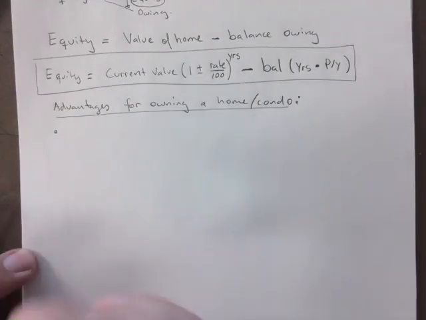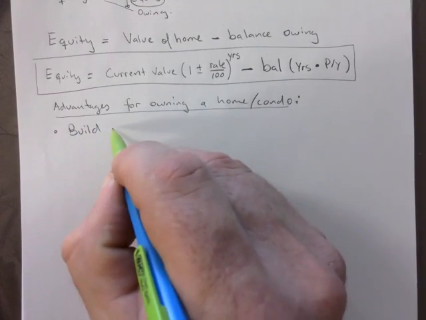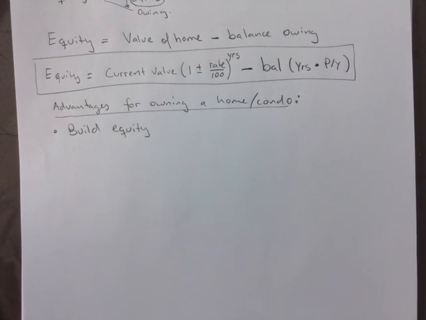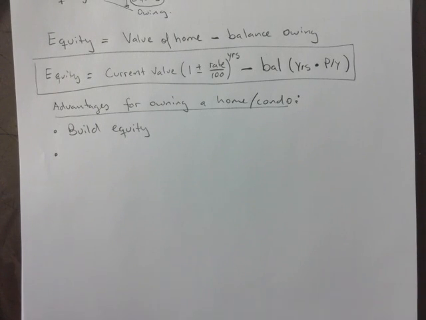The biggest advantage of actually owning your own place is you build equity. So some people like to own a house because they know that equity is going to build up. So when they sell, they're going to sell for way more than what they bought it for. So it's like an investment, but when it's a real estate thing, we call it equity.